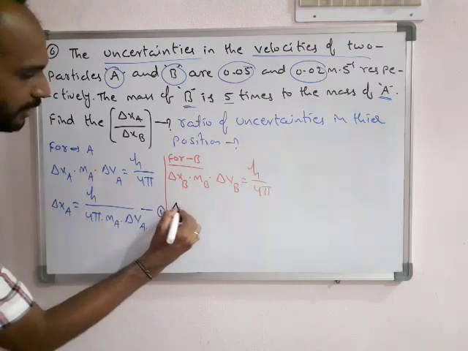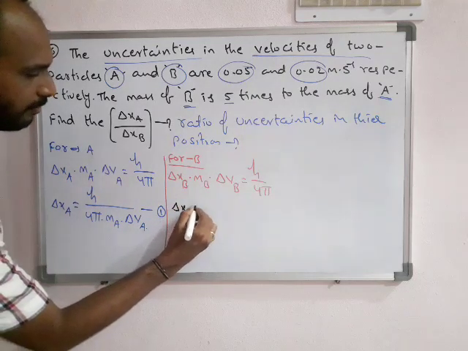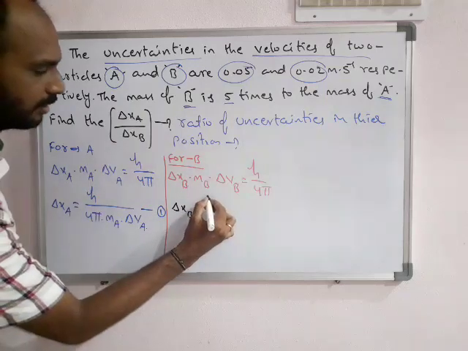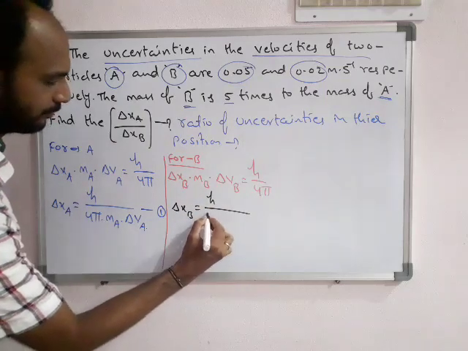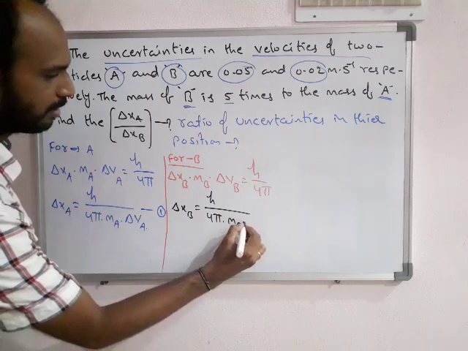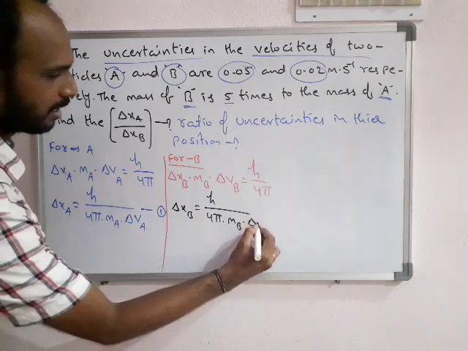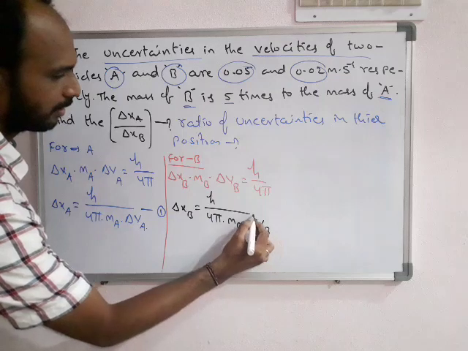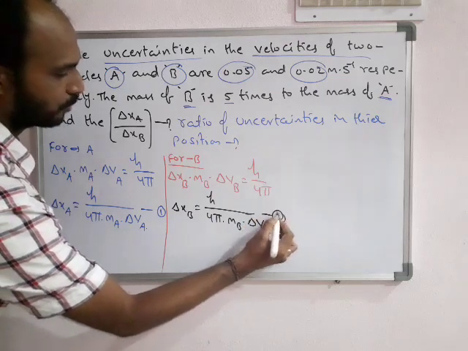We need to find delta XB. Delta XB is h by 4 pi into mass of B into delta VB. Say it is equation 2.